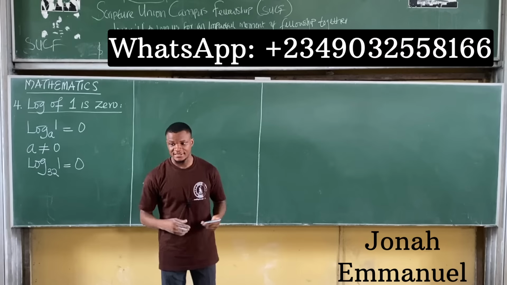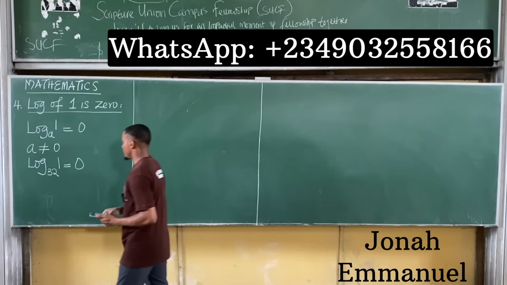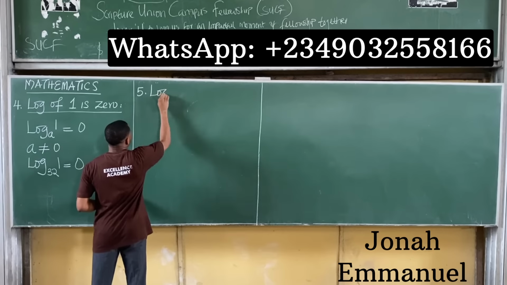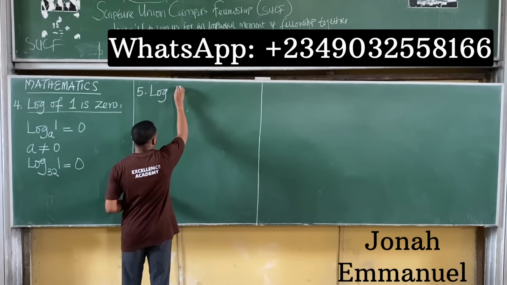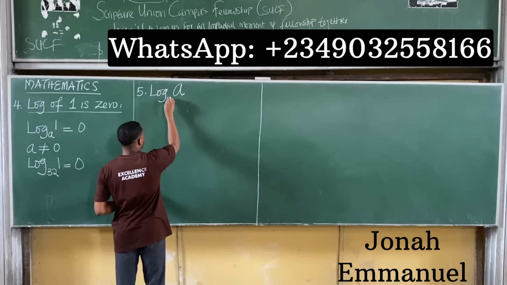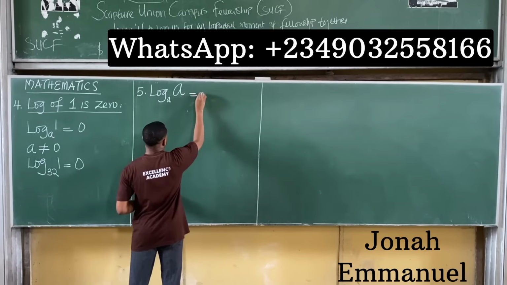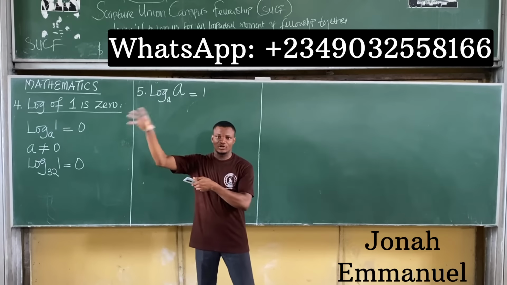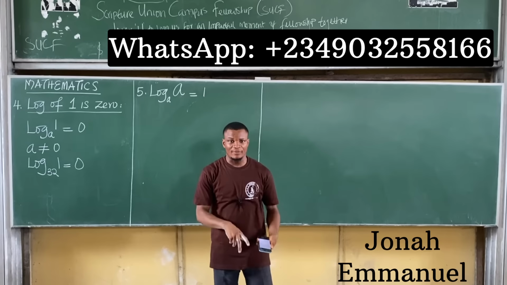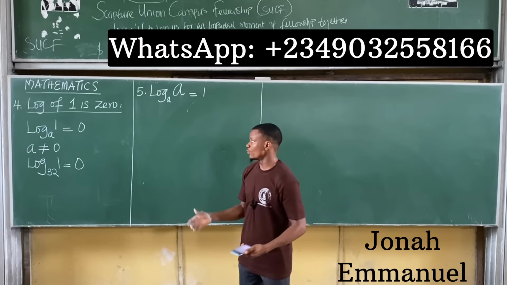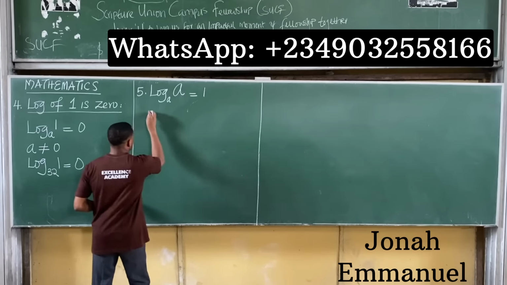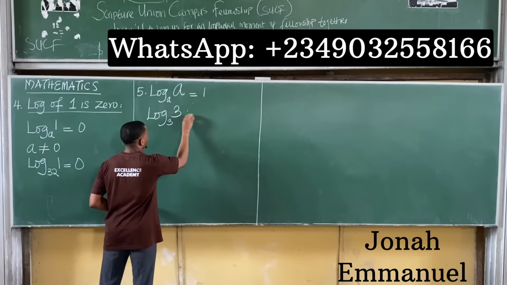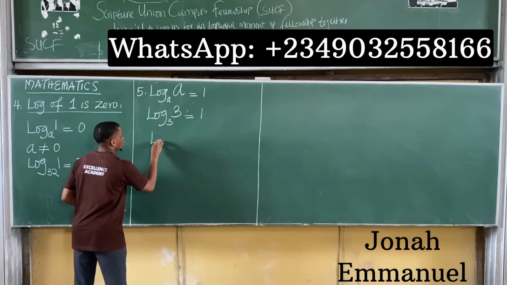The next law of logarithm is this. Law 5 says the log of a number, let's say a, to itself as a base is equal to 1. That's the fifth law. What this means is that log 3 to base 3 is equal to 1.